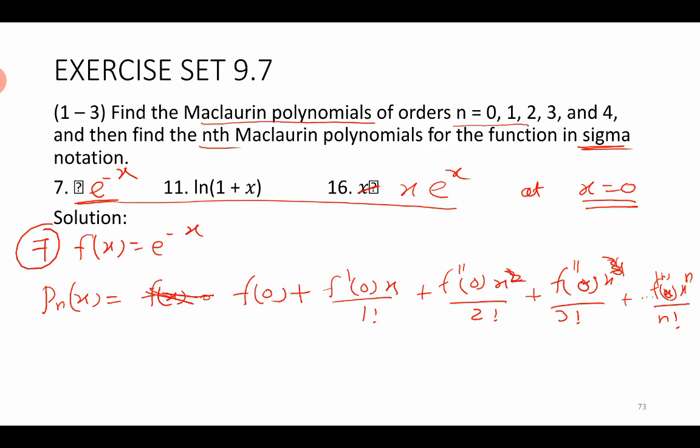This is it. When n is 0, what do you write? 0 factorial and no derivative, no x. So p0 of x is f of 0.